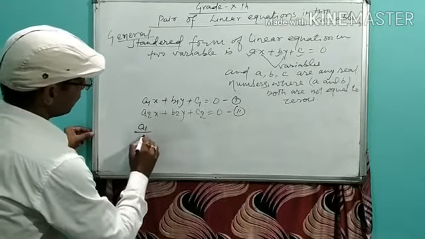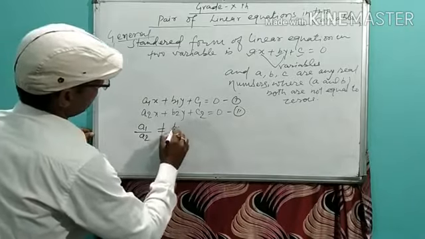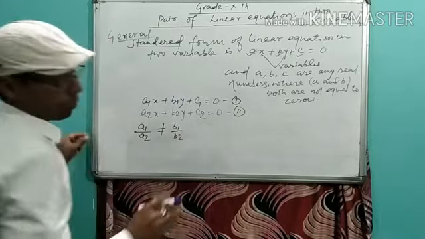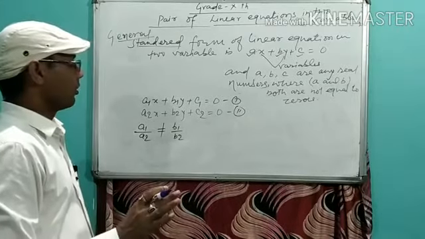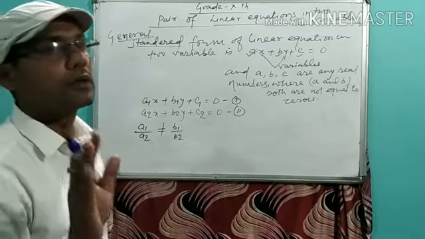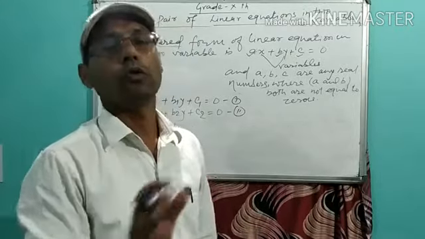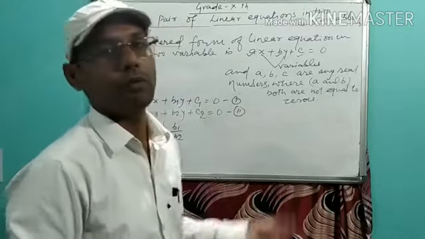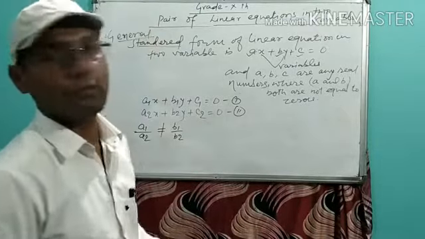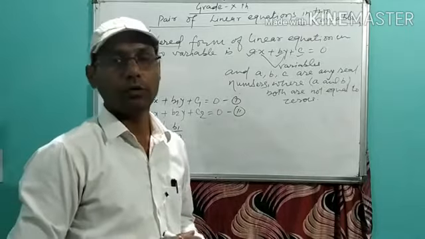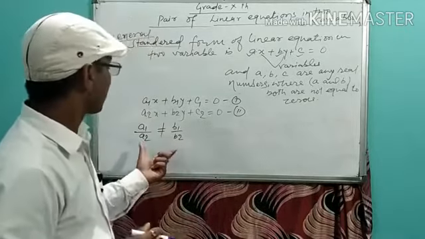A1 by A2 is not equal to B1 by B2 for the solution. In which condition you will get unique solution, many solutions, no solution, and which type of graph of the linear equation in two variable comes, you have to understand at first.